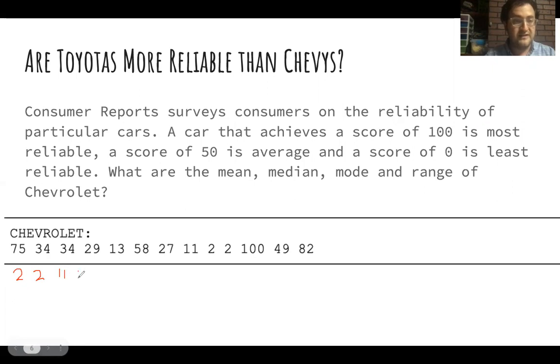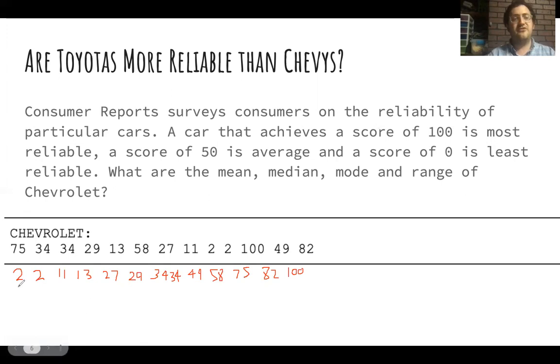Then we have an 11, a 13, a 27, 29, 34, and there's two of those. A 49, 58, 75, 82, and 100.